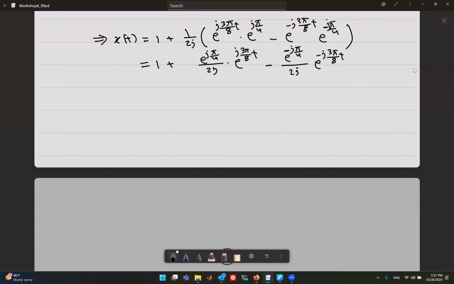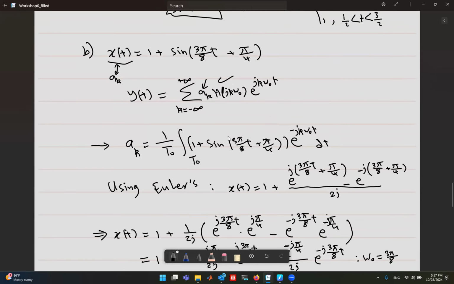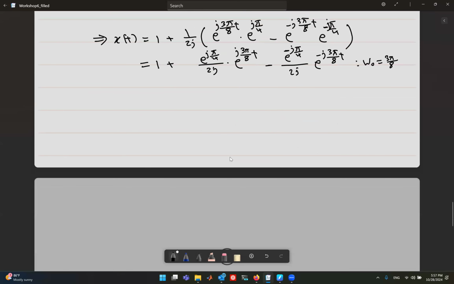Let me simplify it a little bit, or let's just replace this by omega naught, because omega naught was 3 pi over 8, right? The frequency of this signal is 3 pi over 8. So maybe if we write it in terms of omega naught, we can see it easier.